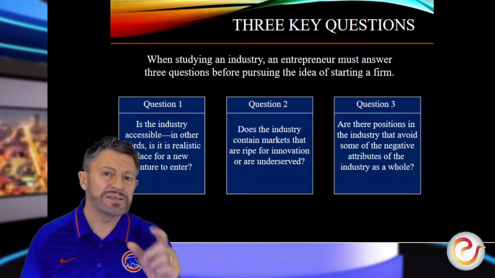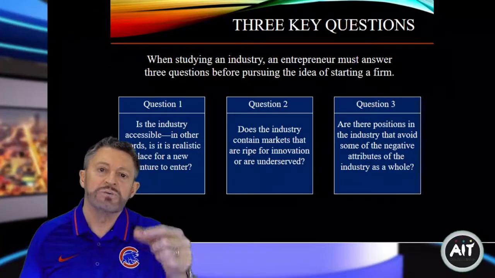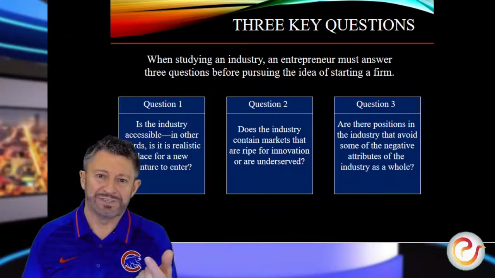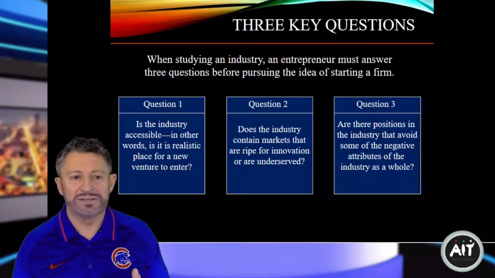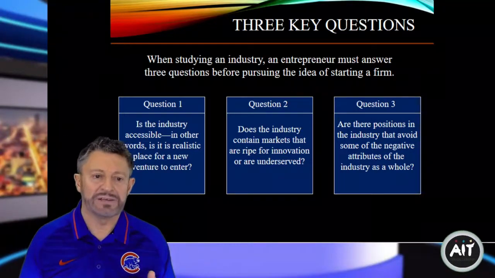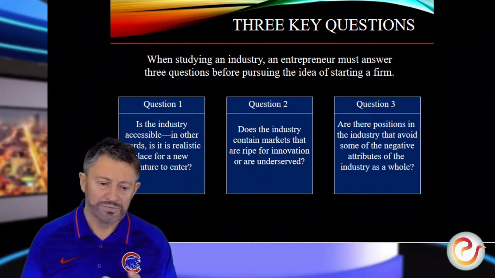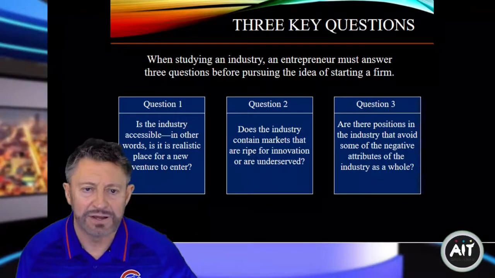So these are the kind of things when we look at the innovations that we can introduce, and eventually we can force or influence change in the industry itself. Okay, and then are there positions in the industry that avoid some of the negative attributes of the industry as a whole? So what can we look at? The weight limitation would have been one of the examples of the negative attributes.